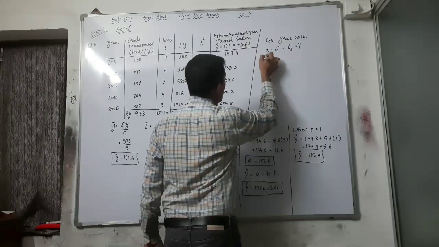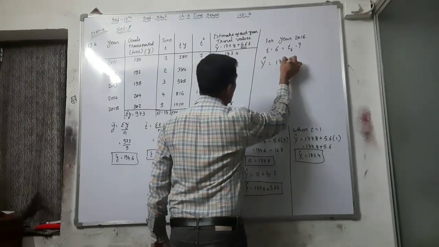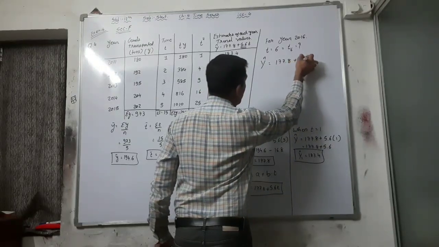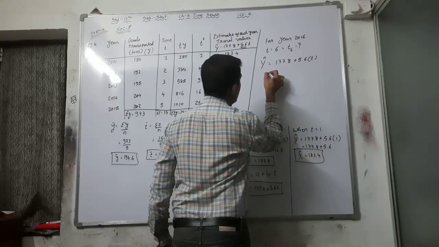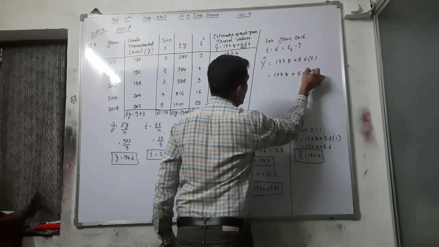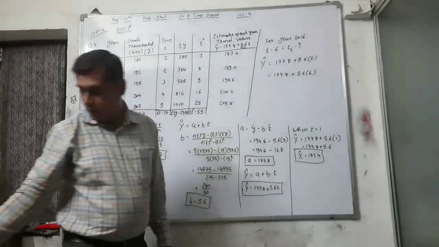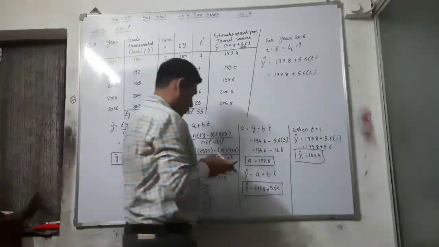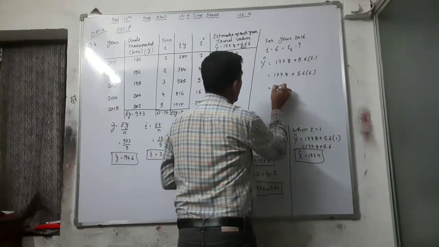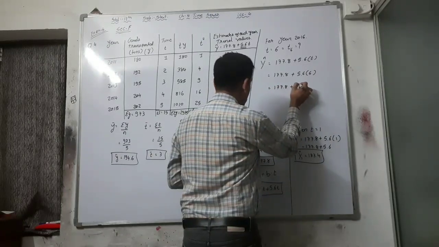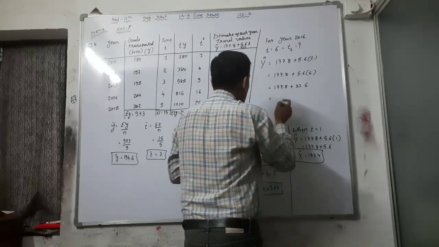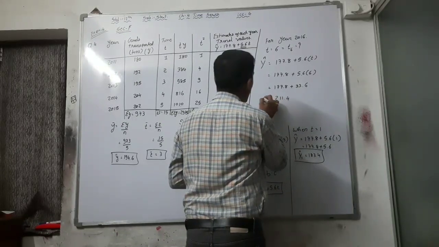Now putting the value into the equation, y cap is equal to 177.8 plus 5.6 t. Now t is equal to 6. So 177.8 plus 5.6 into 6. Multiply it. 5.6 into 6 is 33.6. So 177.8 plus 33.6 is equal to 211.4.